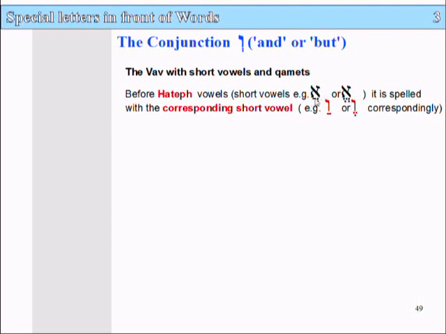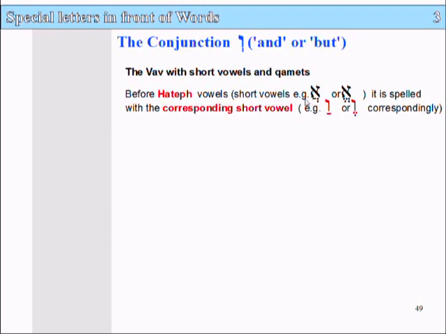They're just a slightly shorter version of the sound. So the patach hatuf is just a slightly shorter patach, a much shorter sound. So before the hatuf vowels, it is spelled with the correspondingly short vowel.